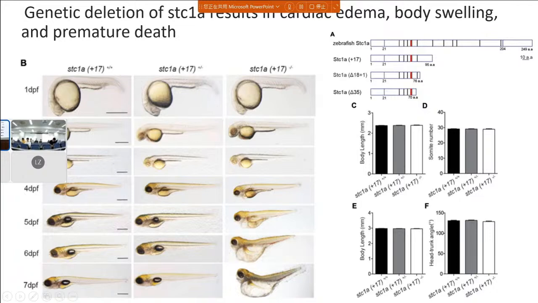No difference in the body size, development rate, and overall morphologies was detected among the three genotypes until 3 DPF, at least.